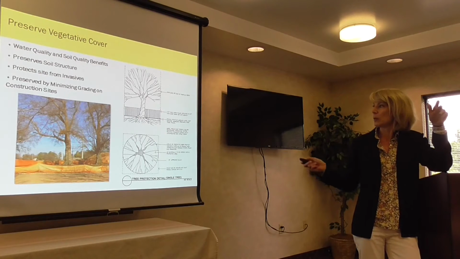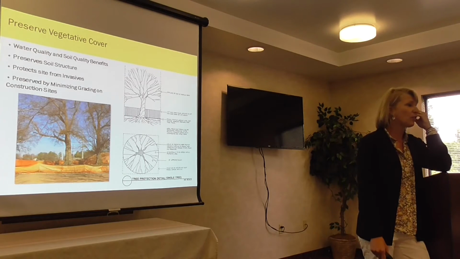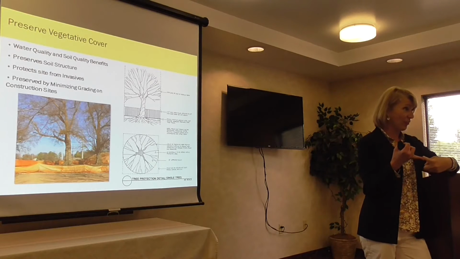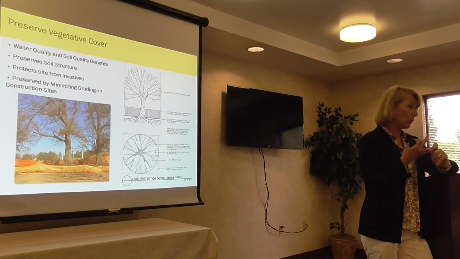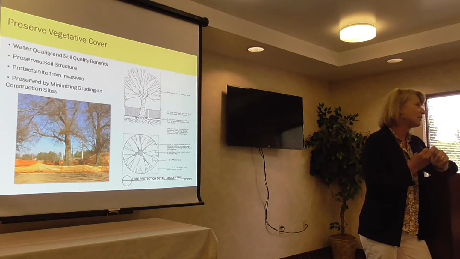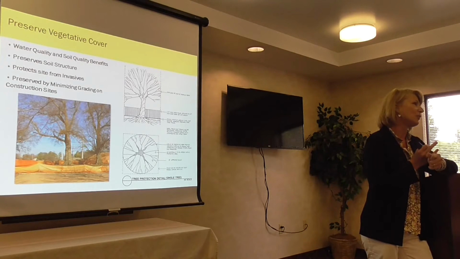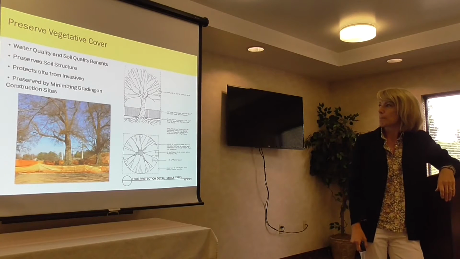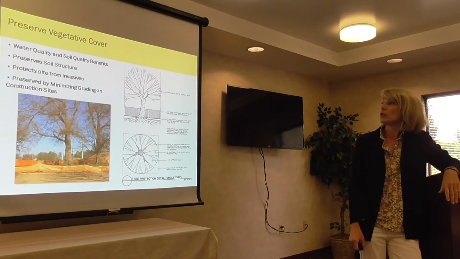And we have an image here where we're showing how during construction, if you have existing trees on site, put up fencing, do something to keep the contractors out from both driving over the roots within the drip line of the tree, storing material within the drip line of the trees, protecting those existing trees because it takes so long to get them established. And if there's any way that they could be protected, it minimizes a lot of other work that needs to be done.